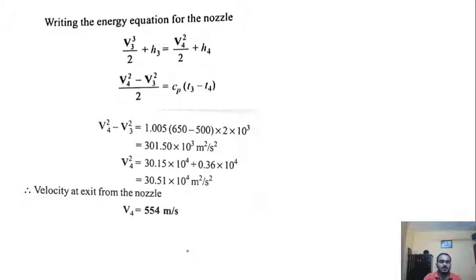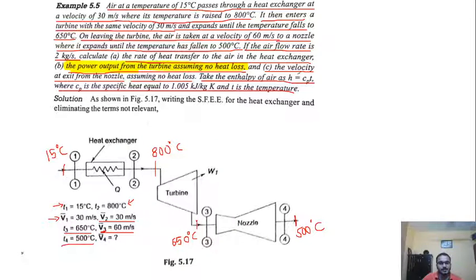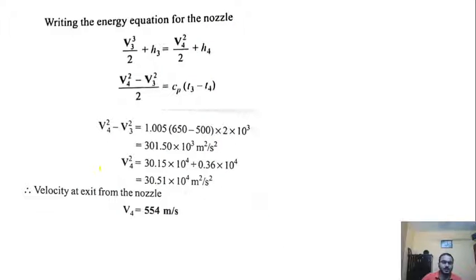Now our last question is the velocity at the exit of the nozzle, assuming no heat loss. Here we have written the energy equation for the nozzle.